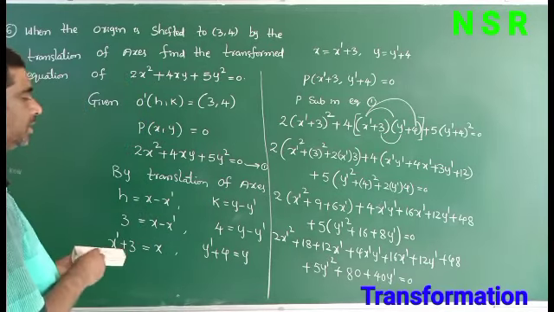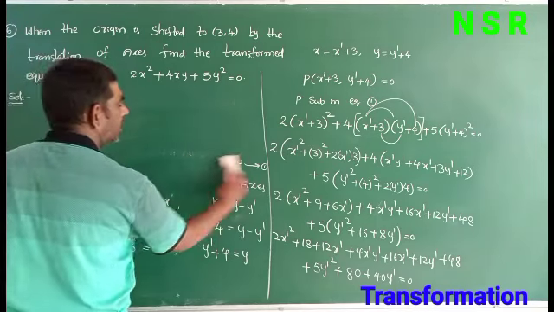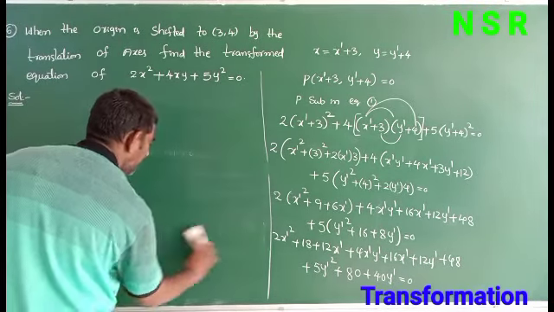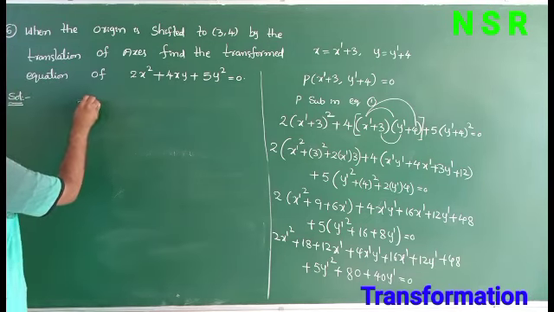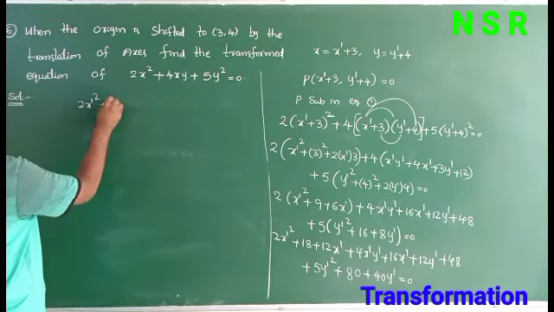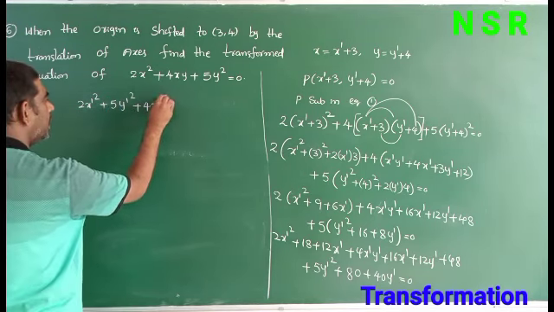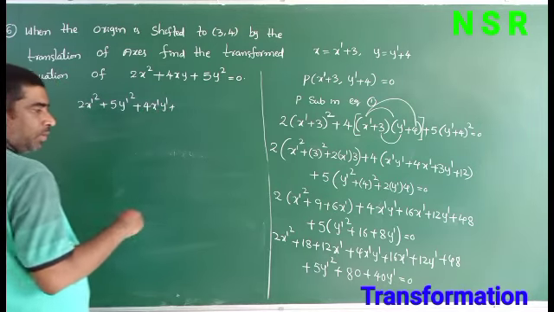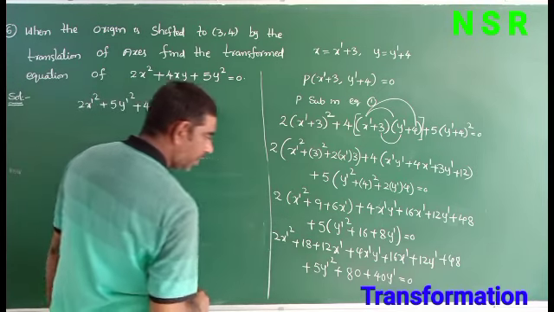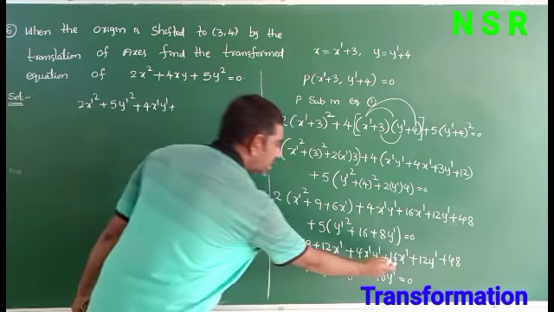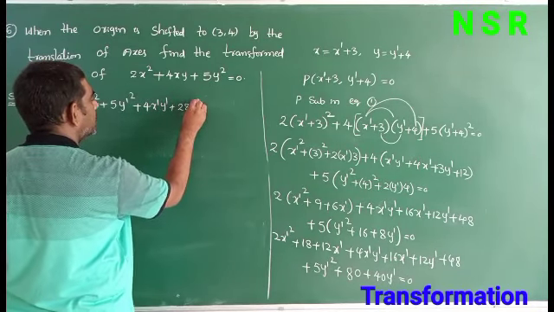Now first write x dash square and y dash square terms. Then after write x dash y dash term, x term, y term, and last finally write constants. So we get here 2x dash square plus 5y dash square plus 4x dash y dash plus 12x dash plus 16x dash, 12 plus 16, 28x dash.